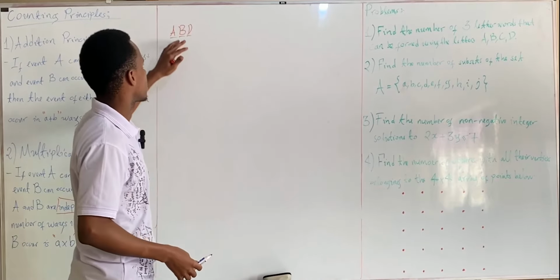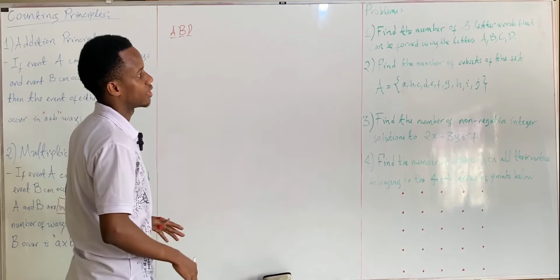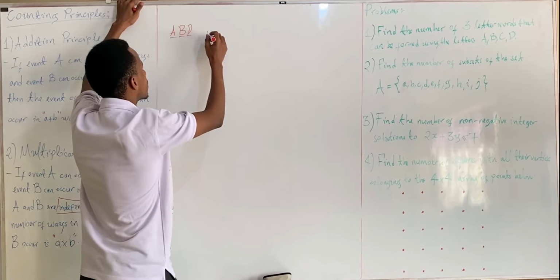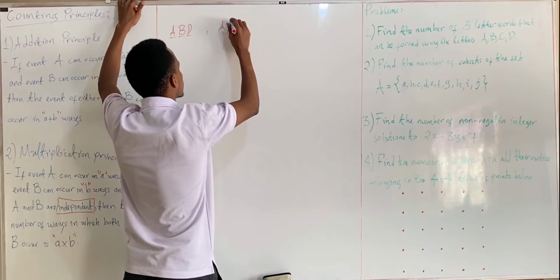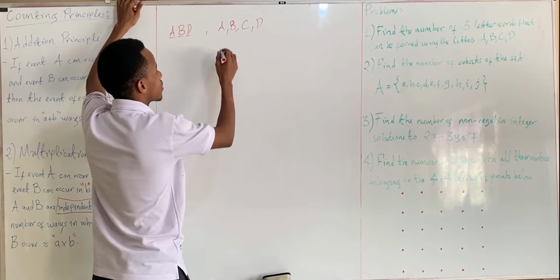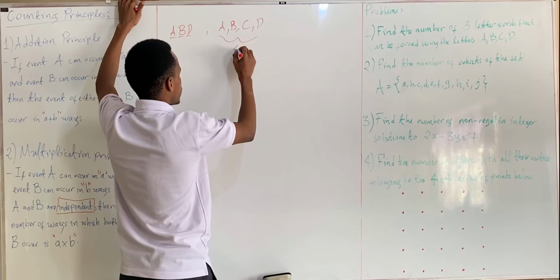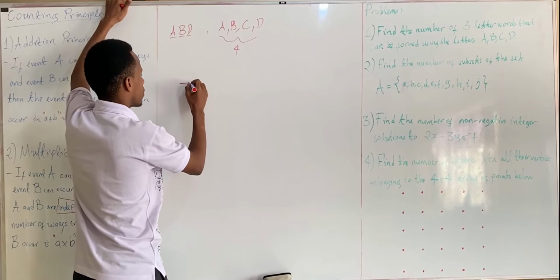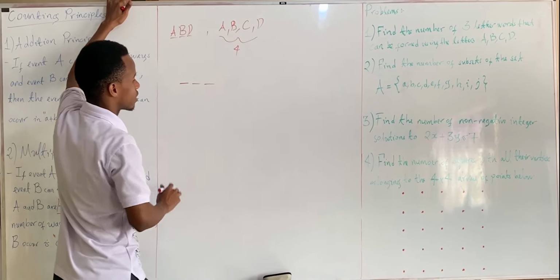So it has to be of length 3 letters, and the letters themselves have to be either equal to A, B, C, or D. So here we have 4 number of ways of filling the 3 spots.